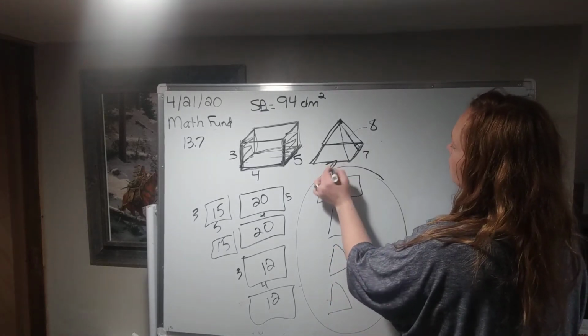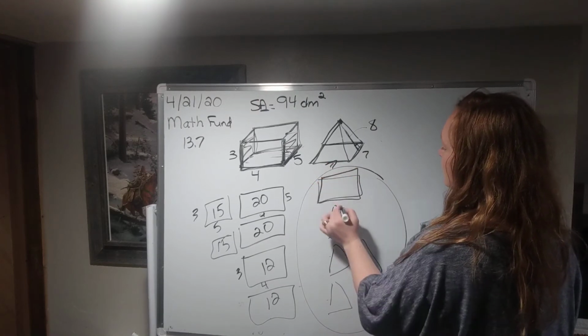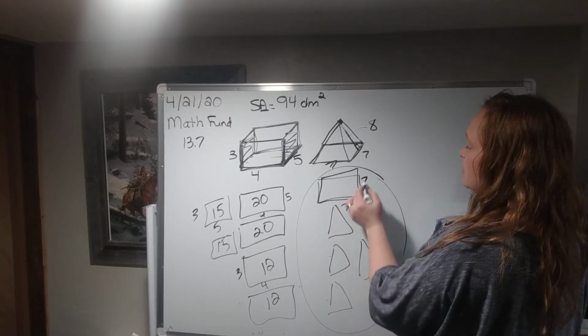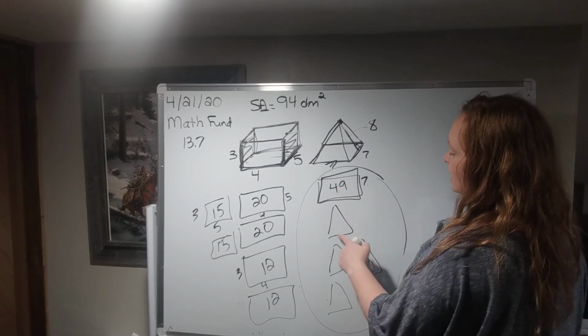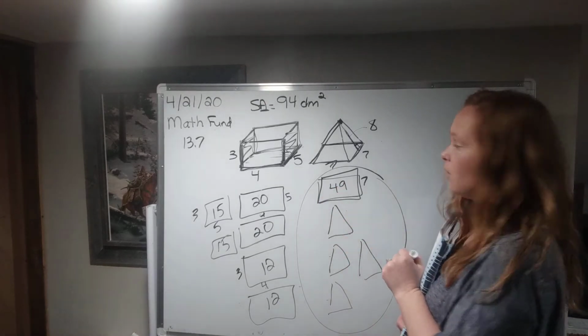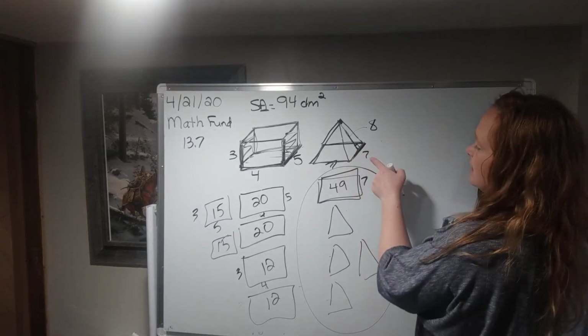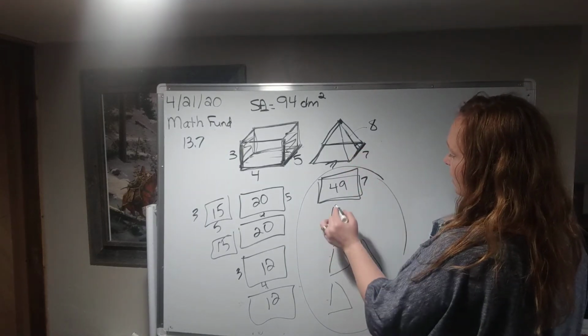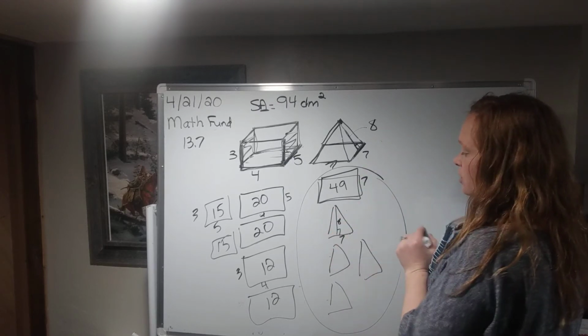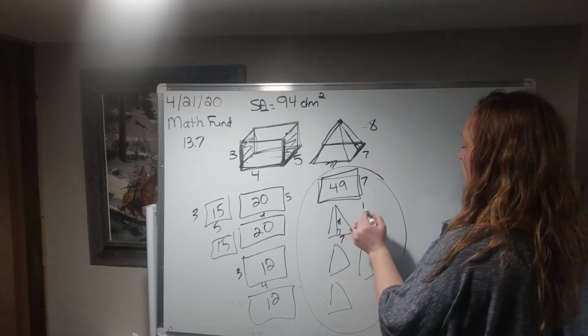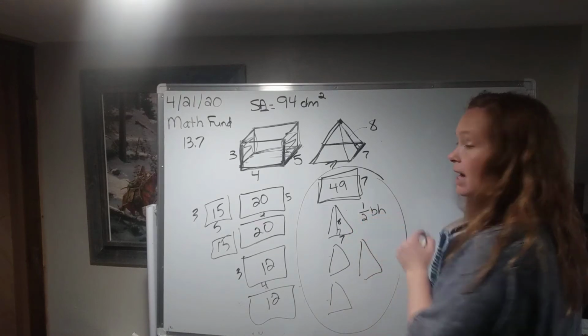Okay, so first of all, the area of our square base is a 7 by 7. So 7 times 7 is 49. Okay, now how do we find the area of a triangle? Well, the base is 7, I can see, and the slant height is 8. So how do I find the area of a triangle? It's 1/2 the base times the height.